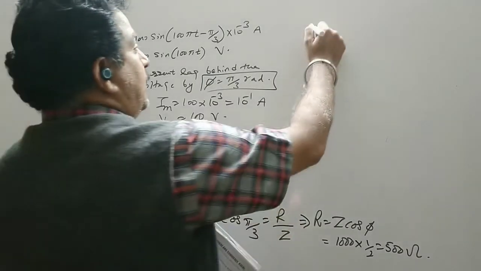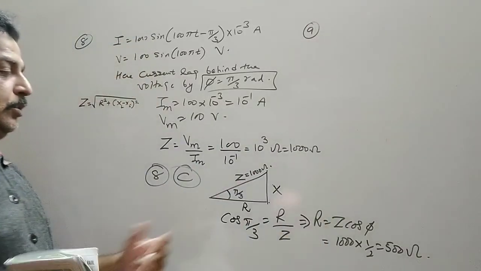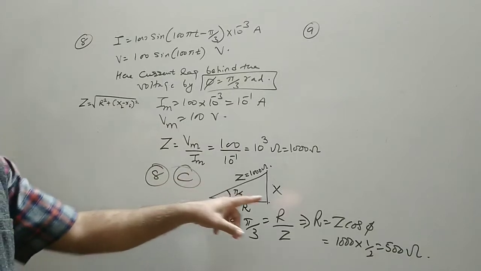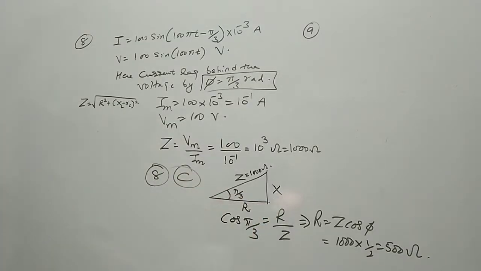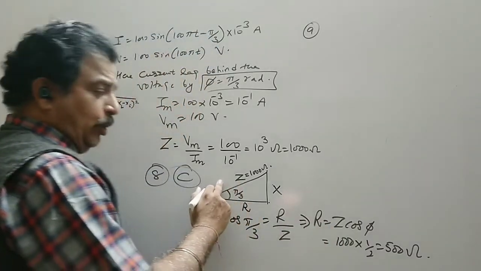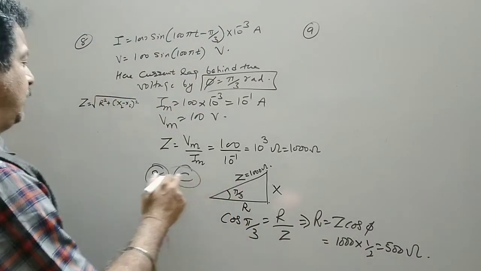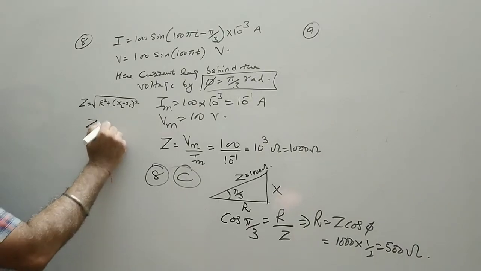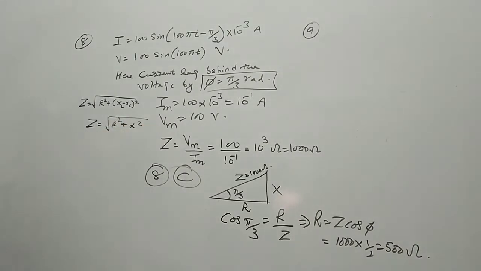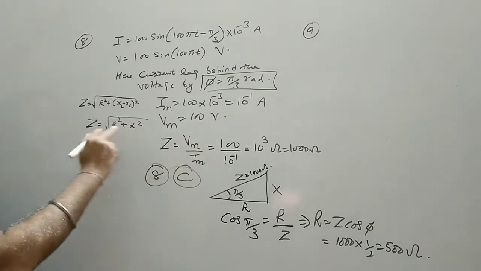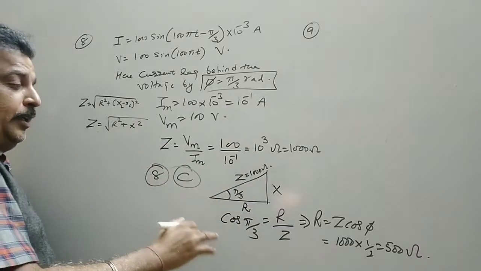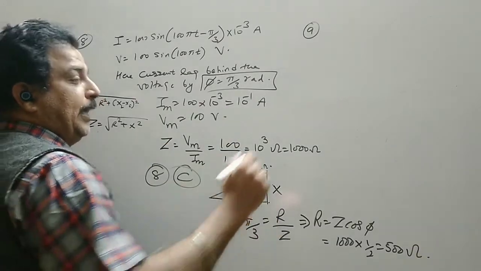9. Calculate the reactance of the circuit. Now the pending portion is XL minus XC, which is represented here by X. Again, now I know R also, Z also. So either I can use this equation, Z is equal to under root R square plus X square, where R is known, that is 500 square, and Z is 1000. You can do this calculation. Or now I need the opposite side.